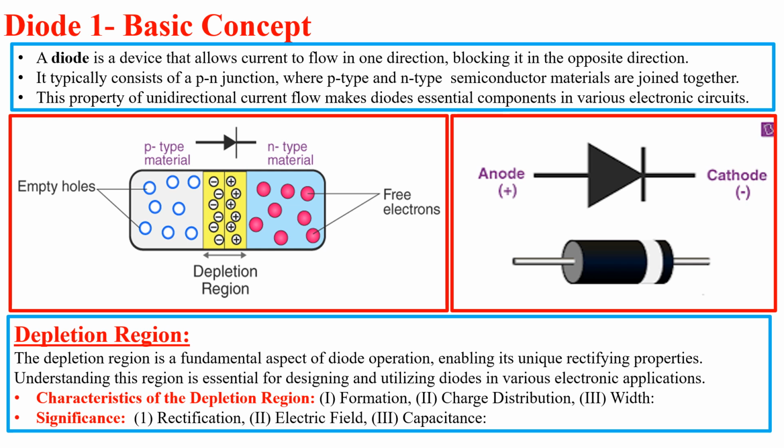In reverse bias, when the polarity is reversed, with positive voltage on the n side and negative on the p side, the electric field in the depletion region is increased.